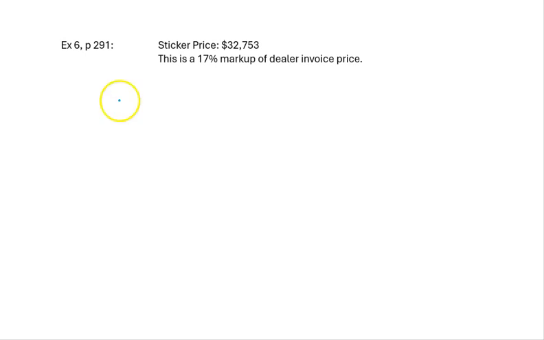So this problem works a little bit differently than the other ones we've done. We do not know what our invoice price is, so I'm going to call that X. But we know that we add 17% of that X, so X plus 17% of it, or 0.17 times the X, and we add those two numbers together, we're going to get a total of $32,753 as our sticker price.